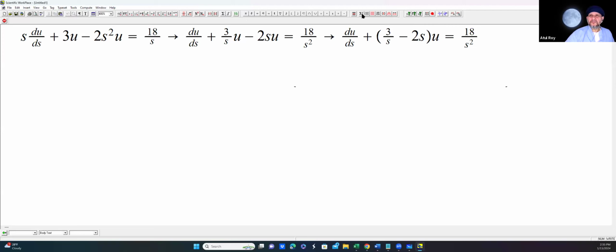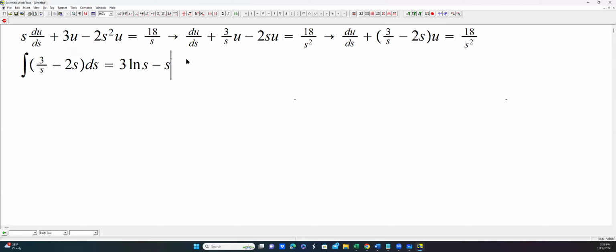So the integral is 3 ln s, right? Because the integral of 3 over s is 3 ln of s, and then minus simply s squared. Am I correct?